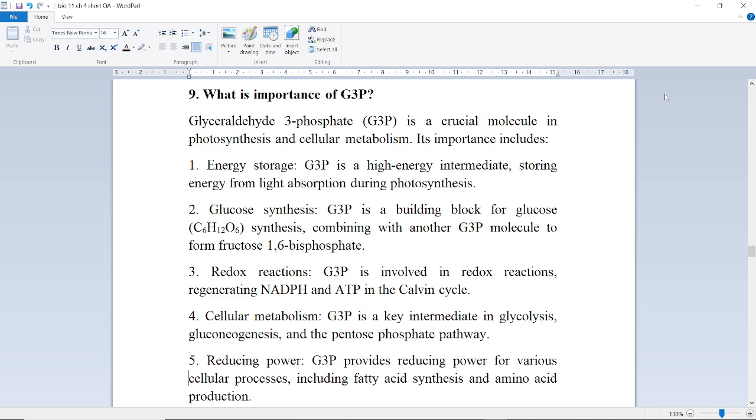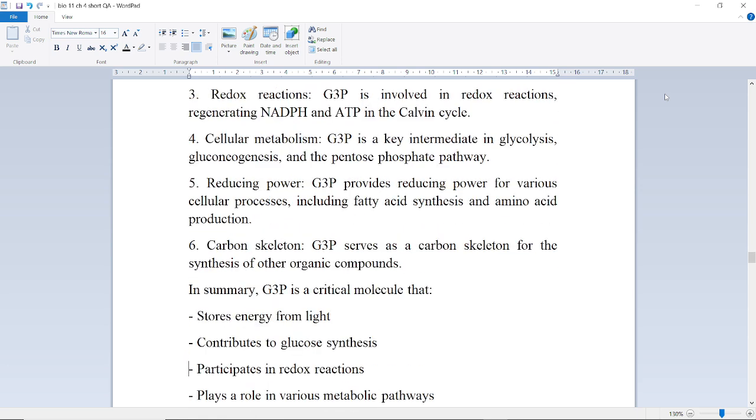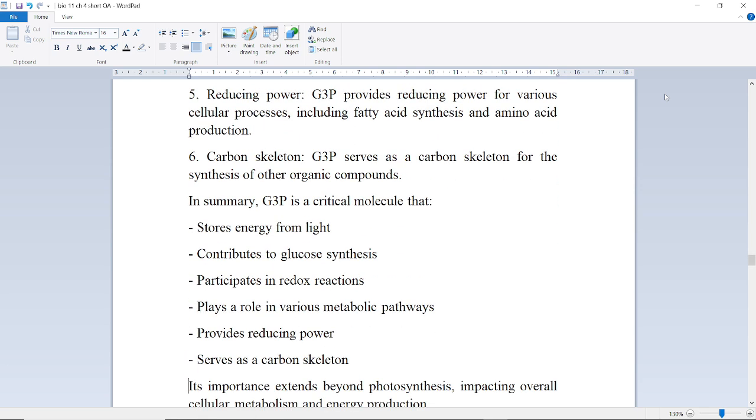Cellular metabolism. G3P is a key intermediate in glycolysis, gluconeogenesis, and the pentose phosphate pathway. Reducing power. G3P provides reducing power for various cellular processes including fatty acid synthesis and amino acid production. Carbon skeleton. G3P serves as a carbon skeleton for the synthesis of other organic compounds.